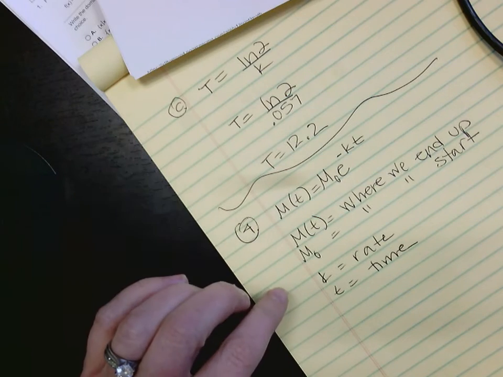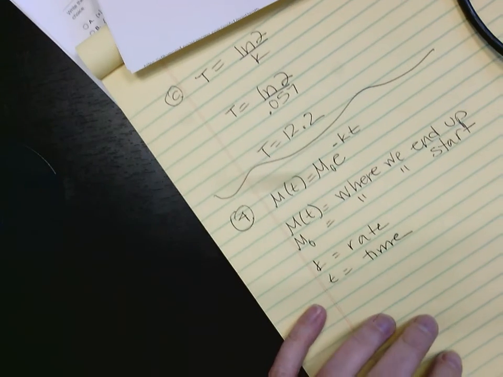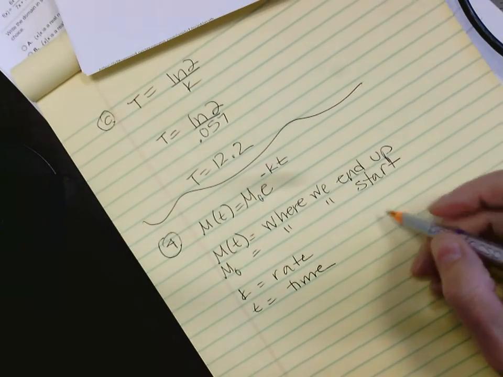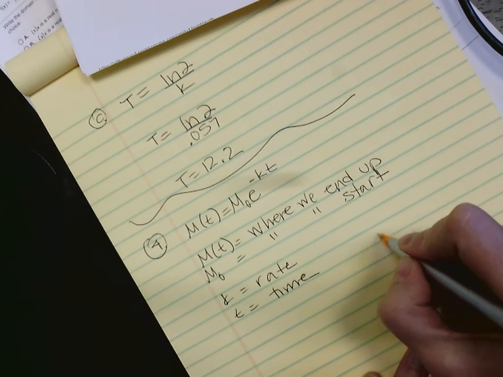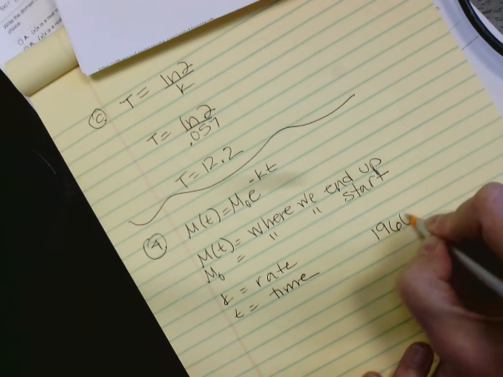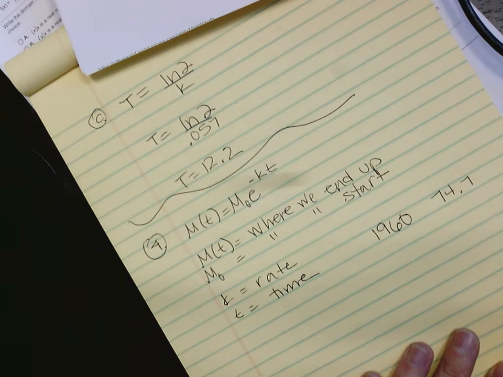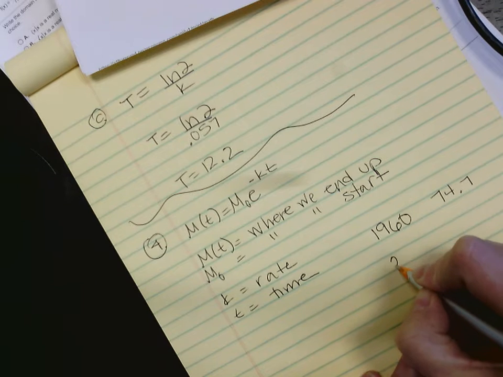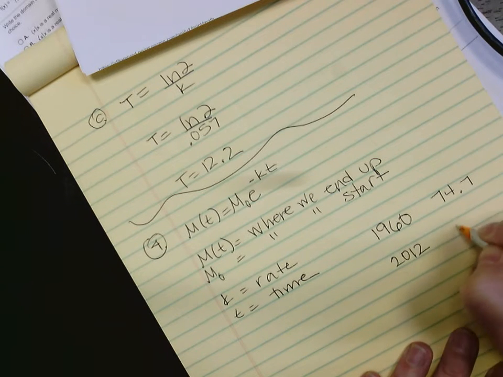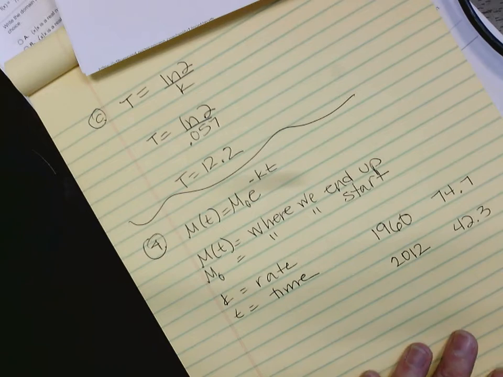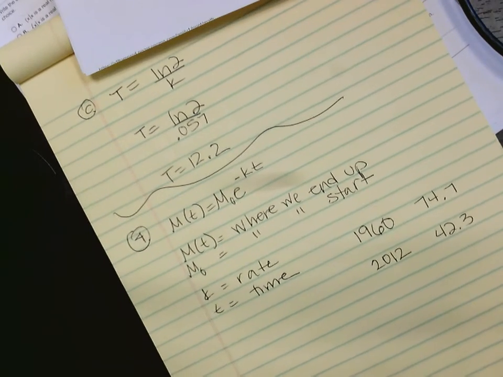Complete parts A through C. So the first thing it says is it gives us this chart. All that really matters in this chart is that it starts in 1960 where 74.7% are married. And then the chart stops at 2012, where only 42.3% of the population is married.